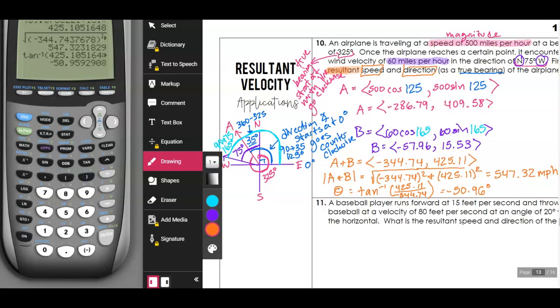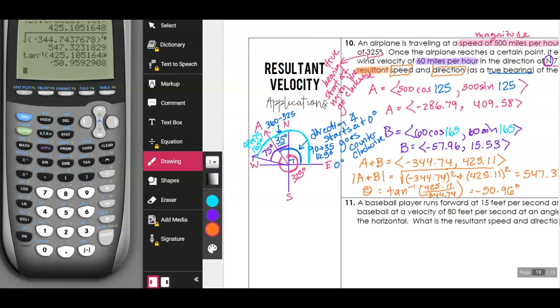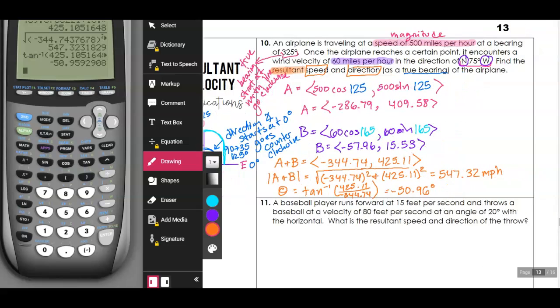So if we're looking at this vector A plus B, -344 and +425 means that this vector is actually in quadrant 2. What do we do to vectors in quadrant 2? Add 180, yes. In quadrants 2 and 3, we add 180, and in quadrant 4, we add 360.